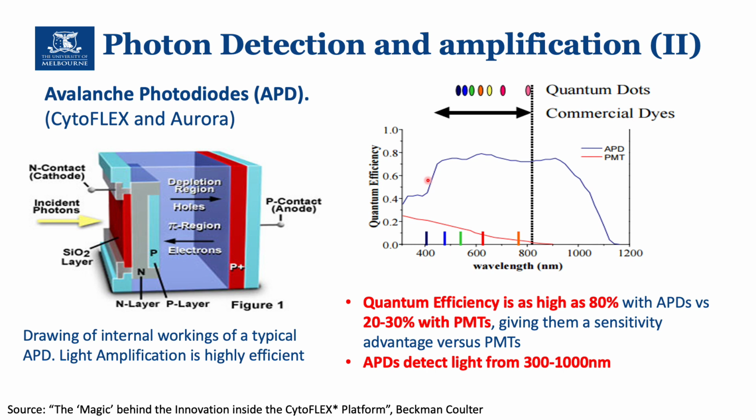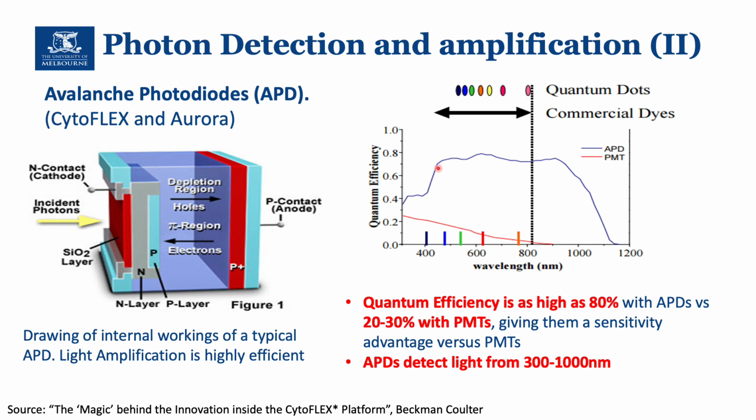So this is a graph of the quantum efficiency of the avalanche photodiodes, the APDs, compared to the PMTs. And where in the PMTs you can see that for higher wavelengths the quantum efficiency decreases, and the maximum the PMT can reach is around 0.2, which means that 4 in 5 photons received by a PMT are wasted and only 1 photon makes it into the signal.